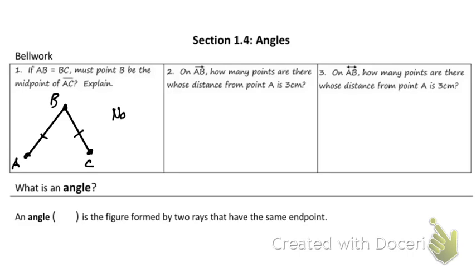All right, number 2, on ray AB, how many points are there whose distance is exactly 3 centimeters? There's exactly 1. Let me draw that picture. It's always a good idea, and I'm going to say this over and over and over. In geometry class, if you're stuck on a problem, draw the picture.